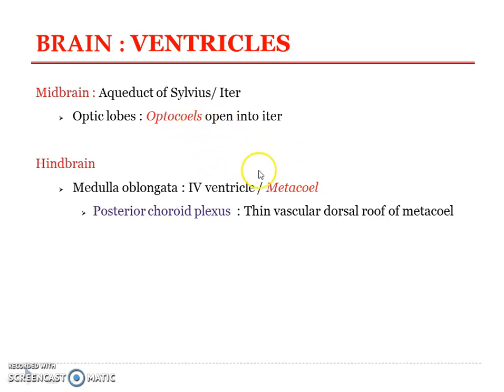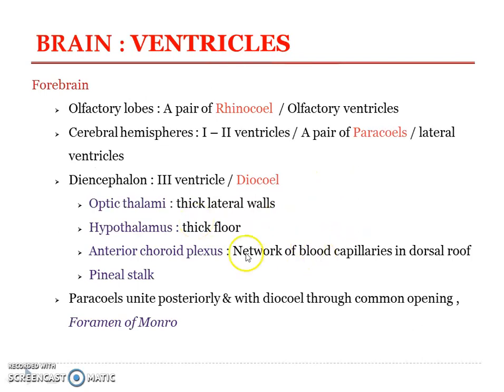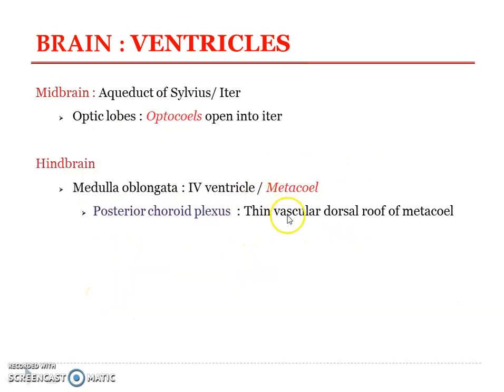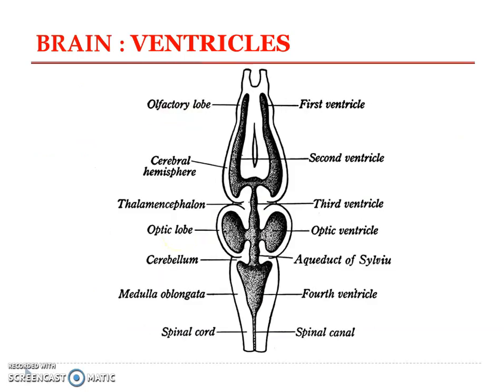The optocele communicates with the ventricle in the medulla oblongata via the iter. The metacele is the ventricle in the medulla oblongata. The roof over here is vascular in nature, and we already saw another vascular roof in the diencephalon. This one in the posterior part is referred to as the posterior choroid plexus. So these are the structures associated with the ventricles of the brain.